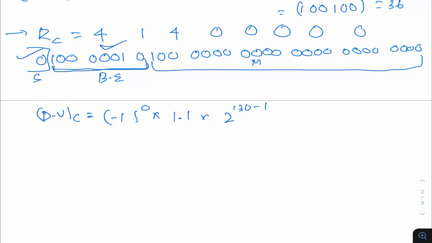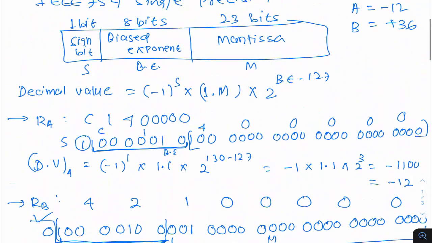This is 130 minus 127. If you simplify this, it is 1 into 1.1 into 2 raised to power 3. So 3 zeros means it will be 1100. This is coming 12, so plus 12. This way we found the value of C as well.